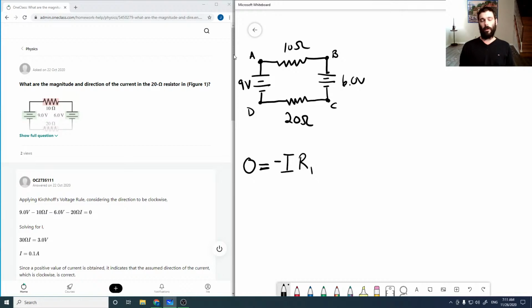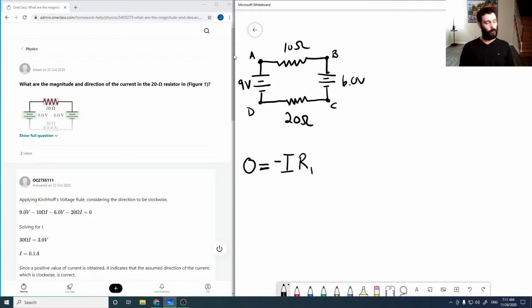Also recalling that your current either will be maintained, like in this case where you have one loop, or if there's splits, the current will split based on the resistances in the split. In this case, we only have one loop, so the current will be the same around the entire thing. So we can just use IR1.